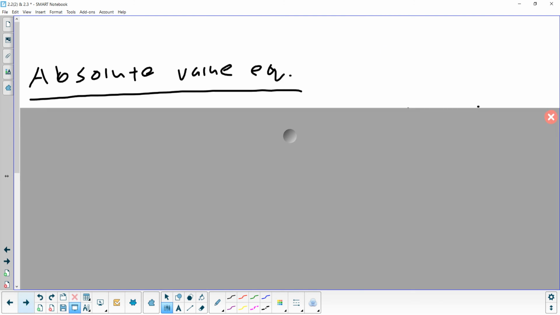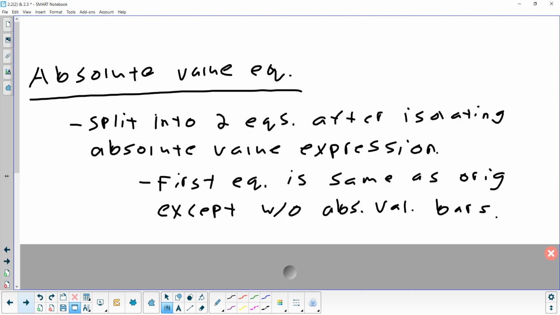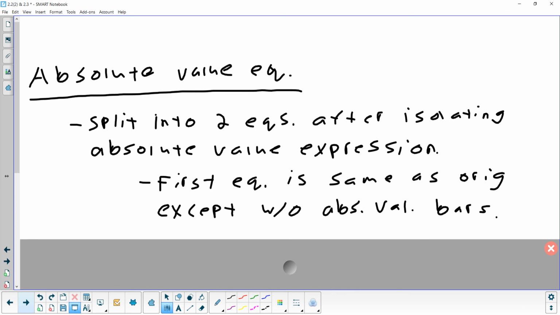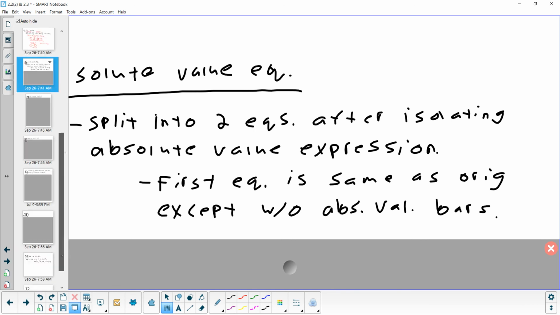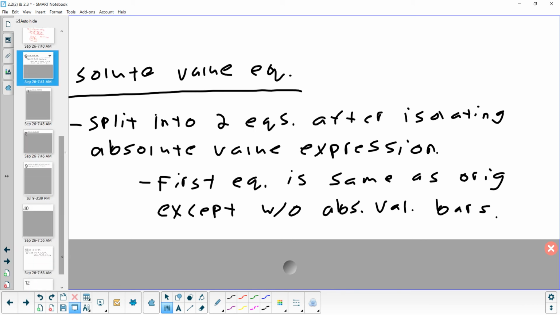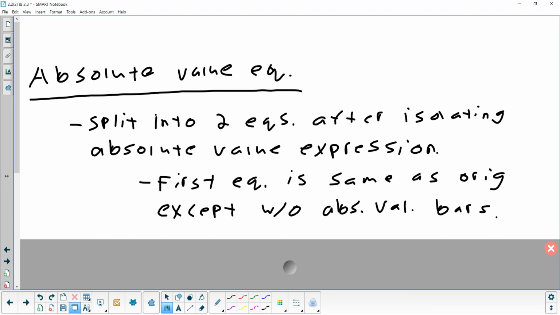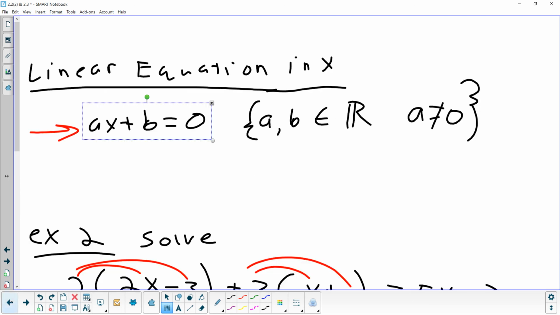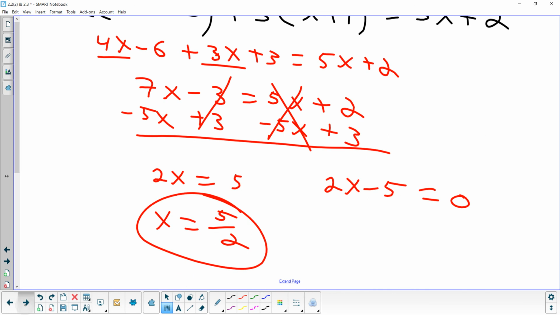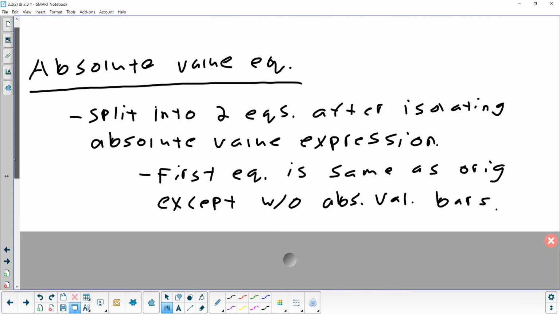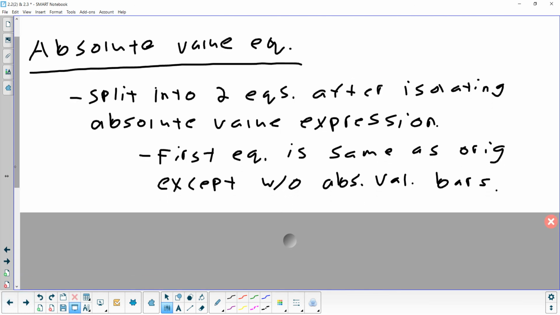All right. So, absolute value equations. When we're solving an absolute value equation, we have to split the problem into 2 problems.